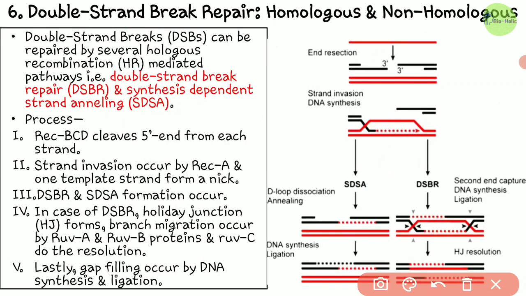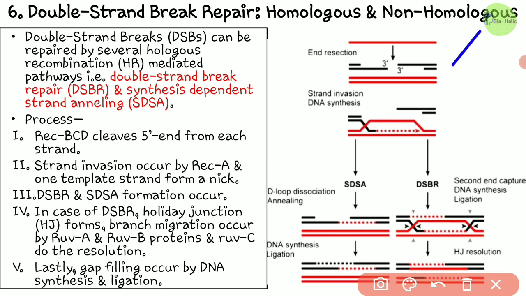Now in case of double strand break repair, as we have seen in my previous video, there are mainly two types, homologous and non-homologous recombination, as homologous recombination occurs mainly in prokaryotes and non-homologous recombination occurs mainly in eukaryotes, right? So the double strand break can be repaired by several homologous recombination mediated pathways. That means double strand break repair or DSBR and synthesis dependent strand annealing or SDSA. So the process is RecBCD cleaves the 5' end from each strand.